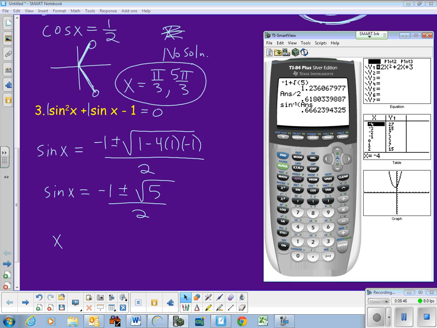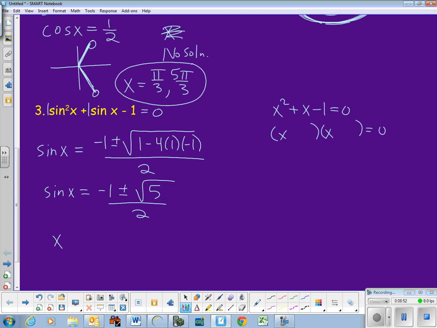This should be in radians, so make sure it's radians. So I get 0.67 radians. And again, based on the directions, we'll decide which answers we want to give. Let's just go plus 2 pi n for now.